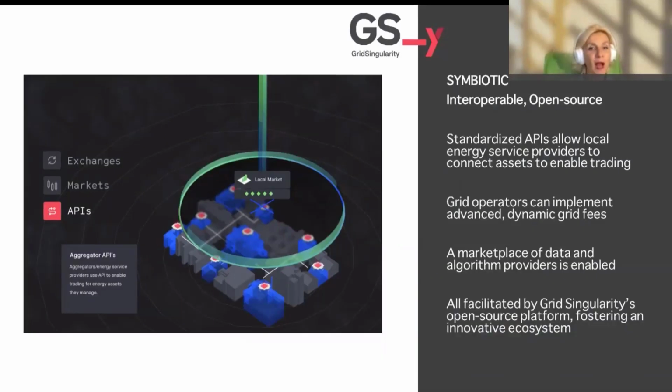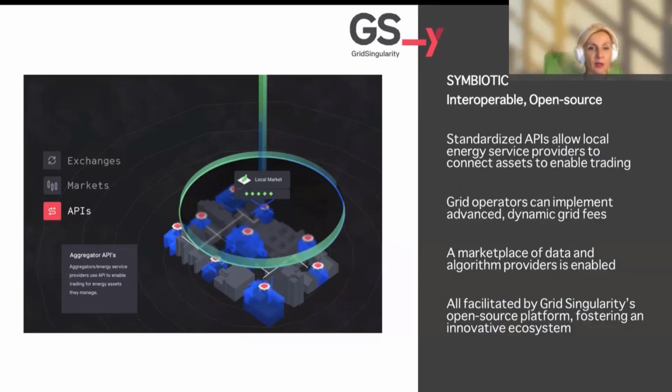In addition to being fractal and relying on energy assets to conduct peer-to-peer community system trading, this concept is also symbiotic, where everyone works together.